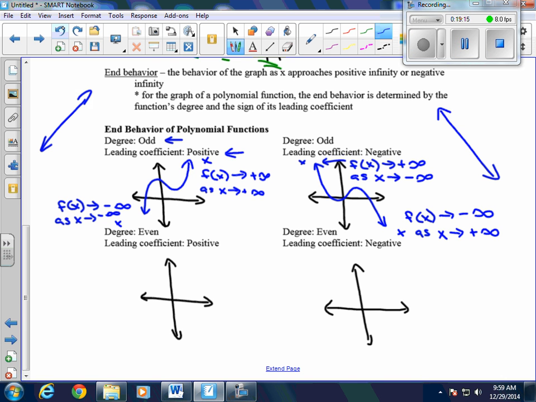So that's what we're talking about when we talk about the end behavior of odd functions. Odd functions means your exponent's going to be 1, 3, 5, 7, 39. Whatever that degree is, if it's an odd number, then it's an odd function. So your end behaviors are going to be away from each other. One's going to be up and one's going to be down.